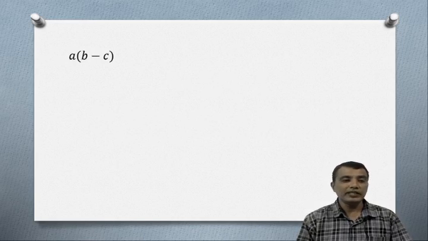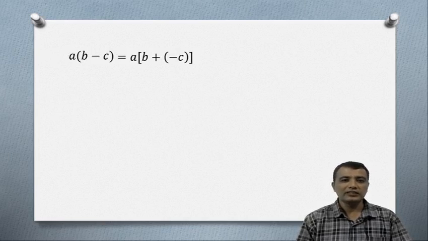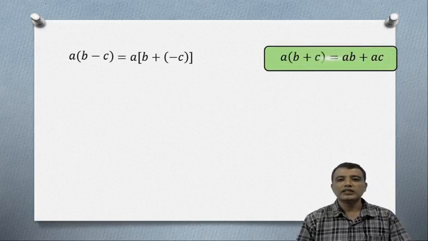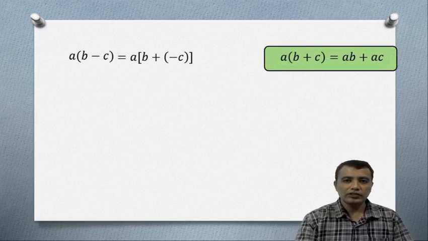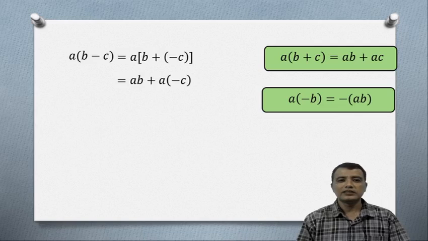Consider A into B minus C. Now this A into B minus C can be written as A into B plus of minus C. Now use the distributive property. It states A into B plus C is equal to AB plus AC. So what do we get? AB plus A into minus C. But A into minus B is what? Minus AB.